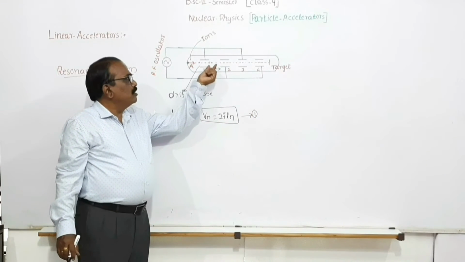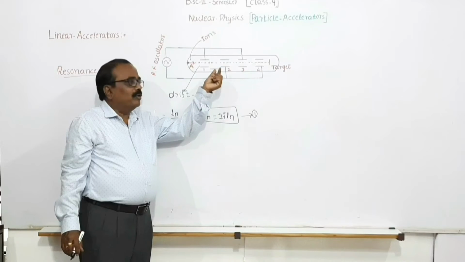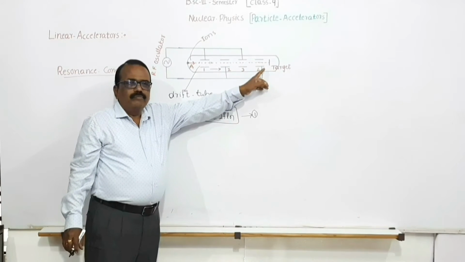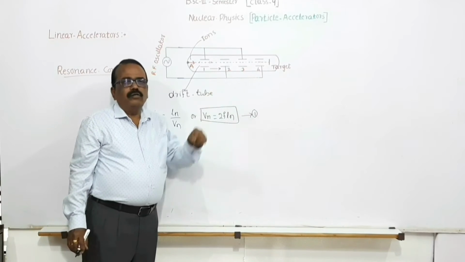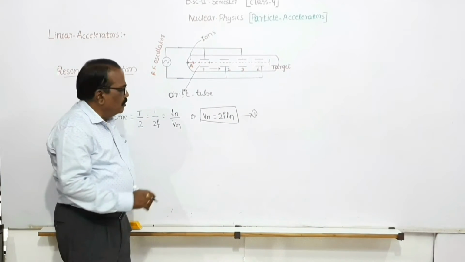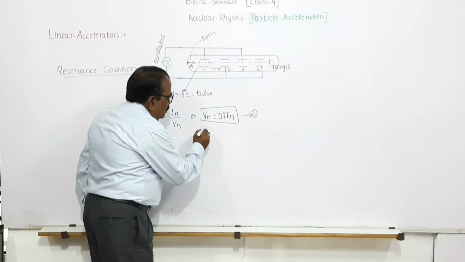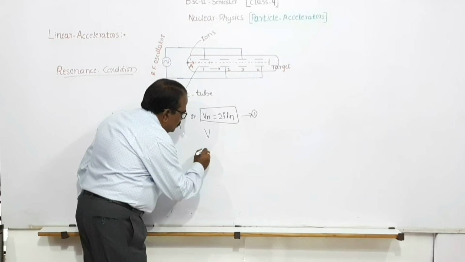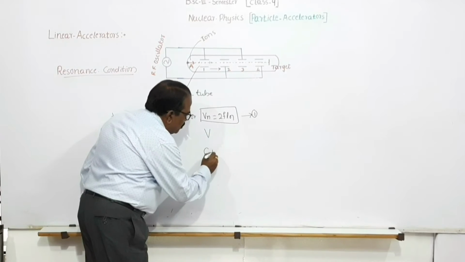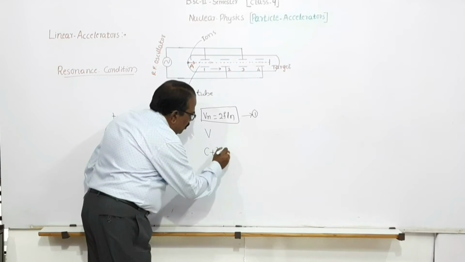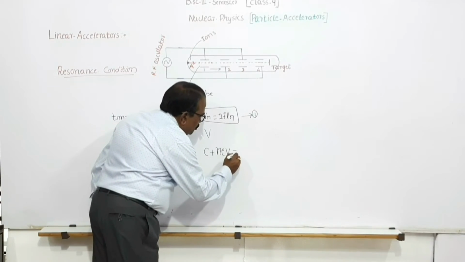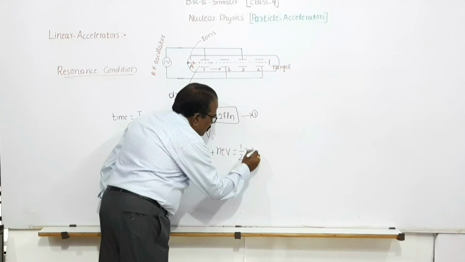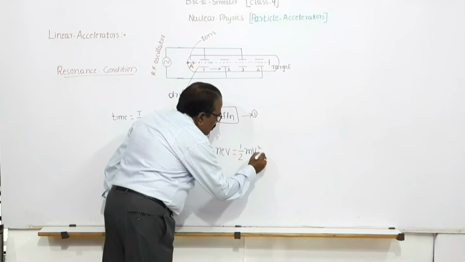If V is the average potential drop for an ion in passing all the tubes, taking a non-relativistic energy equation, we can write, if V is the potential drop, C plus NeV is equal to half m Vn square.